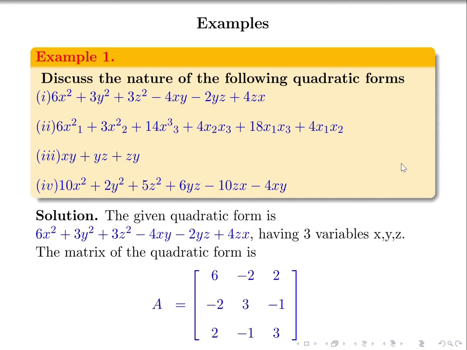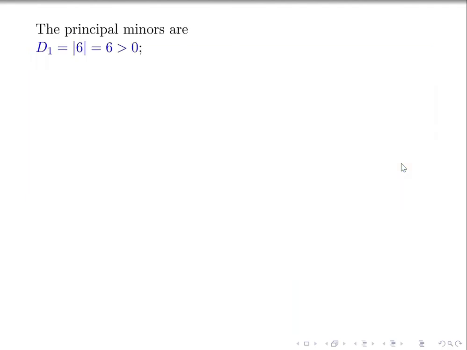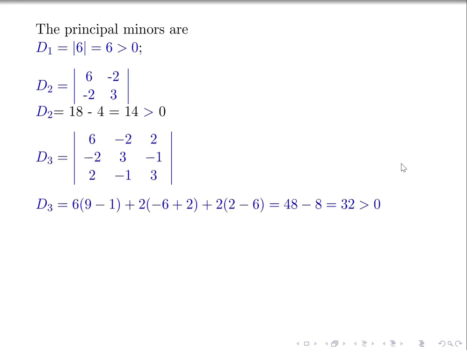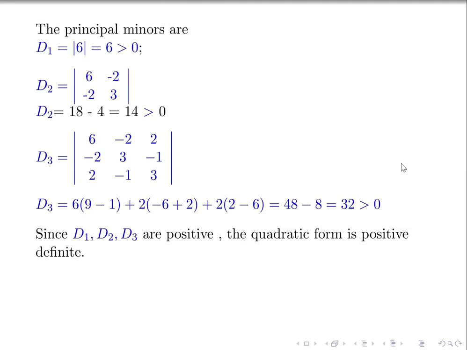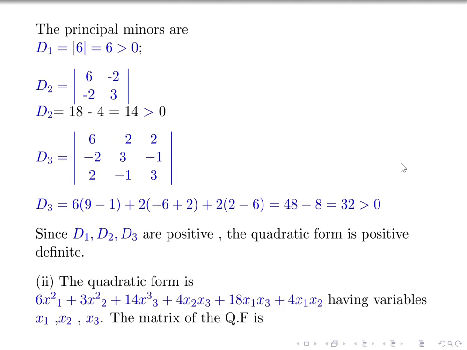Therefore we form the 3 by 3 matrix 6, minus 2, 2, and so on. d1 is the determinant of a11, that is 6, positive. d2 is also positive and d3 is also positive. Since d1, d2, d3 are all positive, the nature of the quadratic form is positive definite.